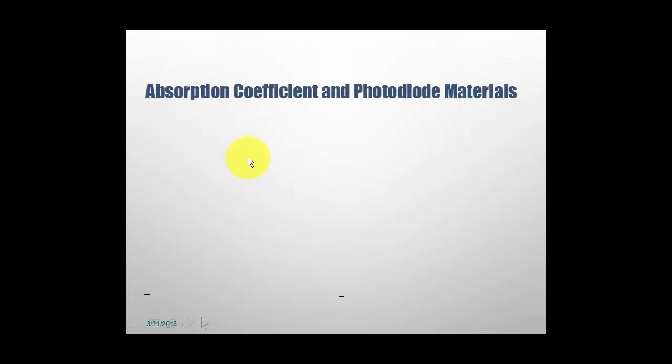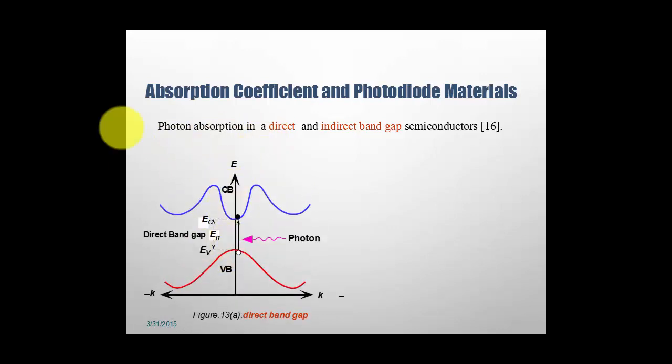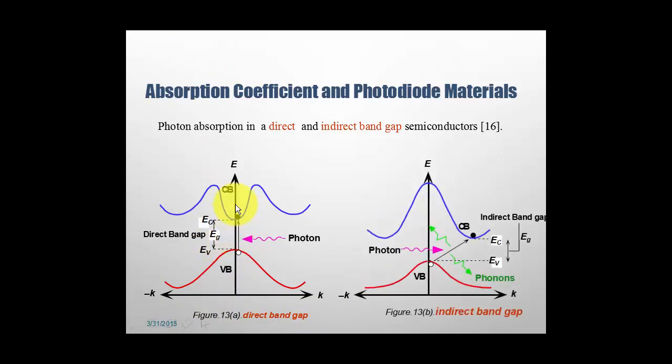Absorption coefficient and photodiode materials. Photon absorption in direct and indirect band gap semiconductors. This one is an example of the direct band gap, where the valence band and the conduction band are aligned to each other. Once it is subjected to a photon, the electron in the valence band will move to the conduction band, given energy more than this energy gap.